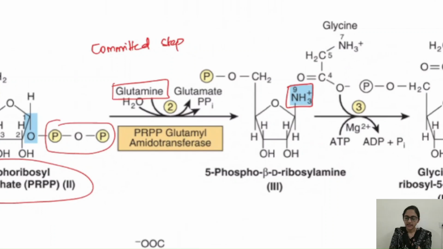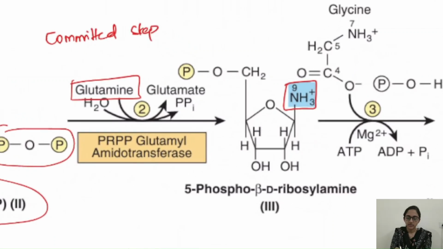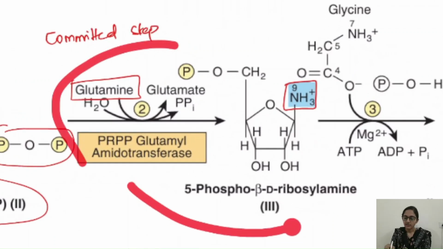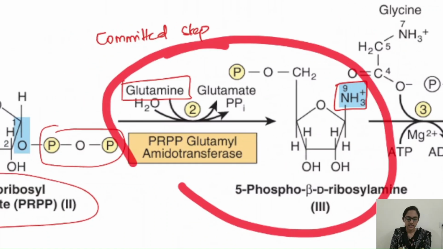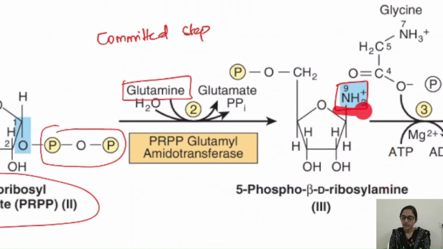Please look into this picture: the alpha configuration here is getting converted to beta configuration, and the amino group is being attached. This is catalyzed by the enzyme PRPP glutamyl aminotransferase. It is a very important enzyme. It plays an important role in the regulation of purine nucleotides.